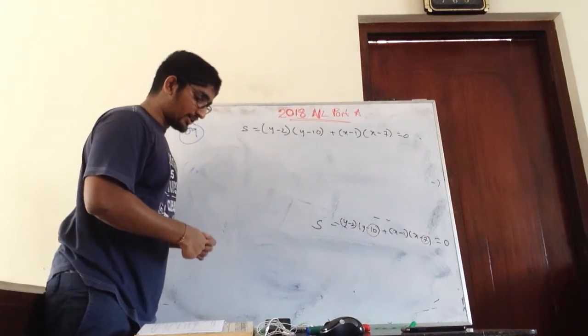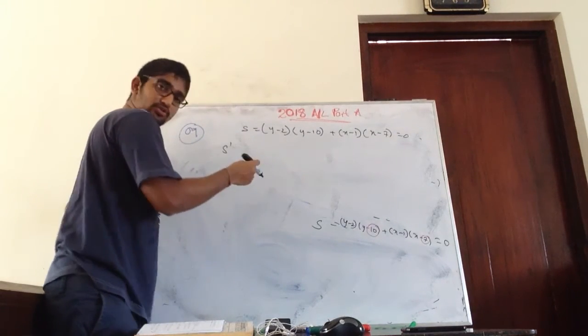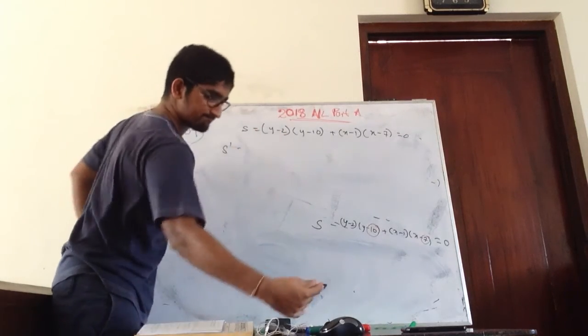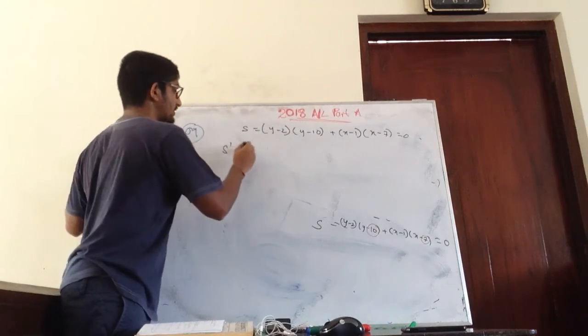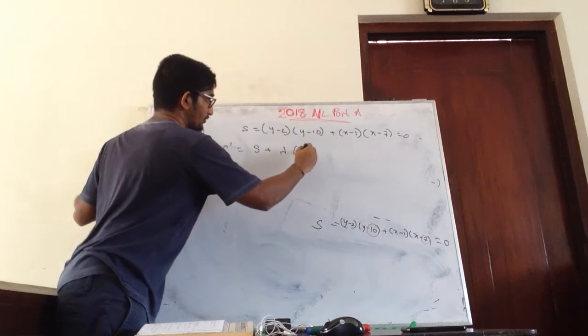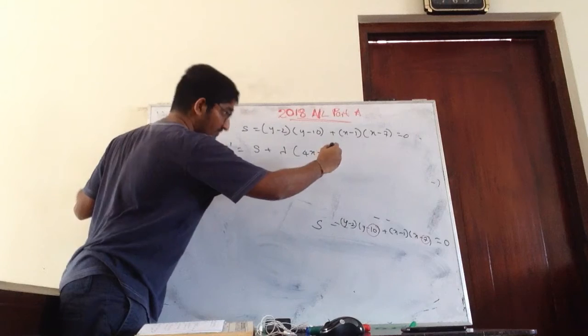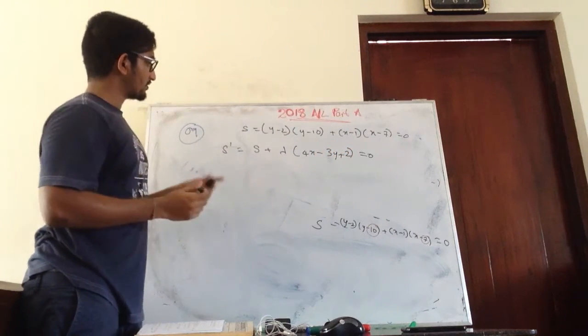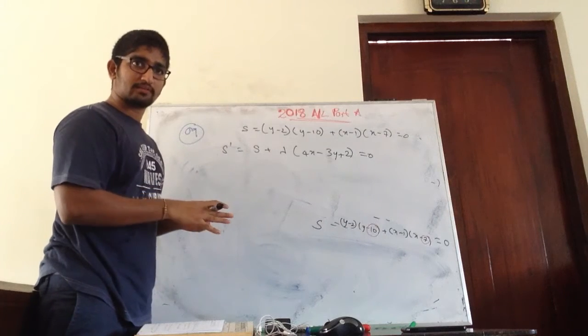So now they are saying let S dash, so this is another circle, which is S plus lambda 4x minus 3y plus 2 equals 0. So this is the new equation, correct?